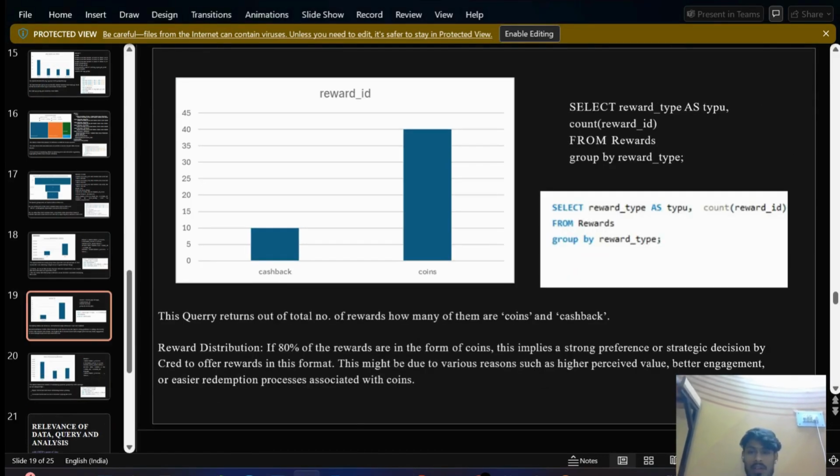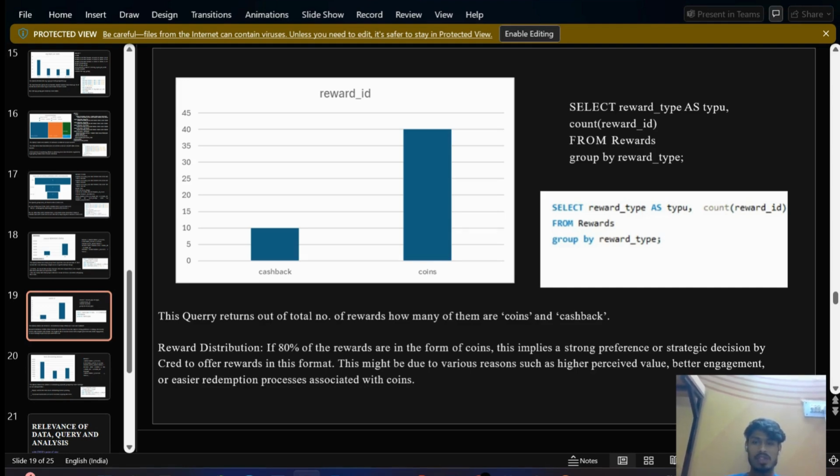So in this query we can see cashback and points. We can see the number of users who pay their credit card bills on time, and in return what they get, whether they get coins or cashback.